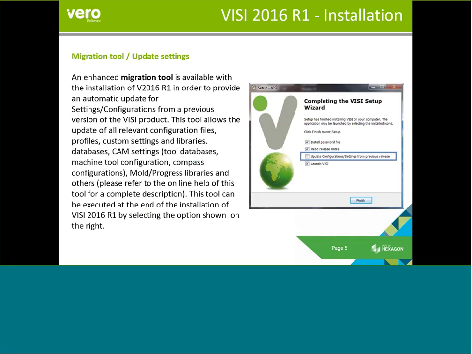The 2016 migration tool that I mentioned just a moment ago is a really nice enhancement. It operates essentially just like the update CFG did inside of 21, but it provides more than just a transfer of your user settings. This tool can also transport over your tool libraries, machines, compass files, any custom standard elements you might have, etc. And it's a separate program that can be used immediately after the install by clicking on the checkbox that's shown here.